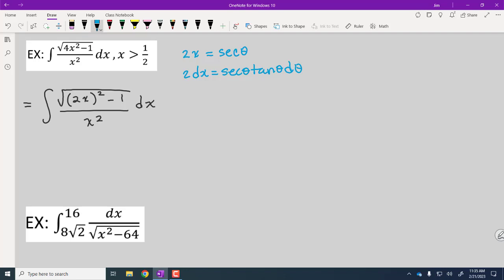And now we're just going to plug all those thetas in. All things x become all things theta. So inside this square root in the numerator, the 2x becomes secant, so that's secant squared minus 1.